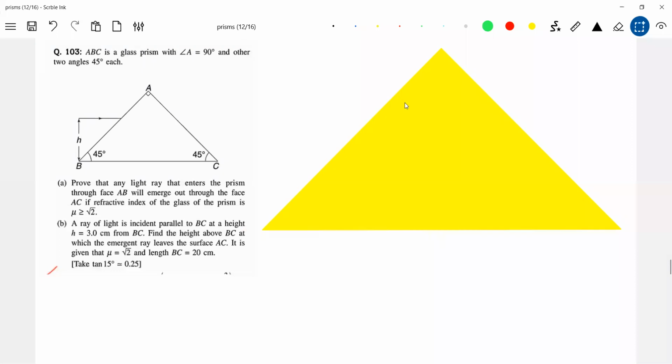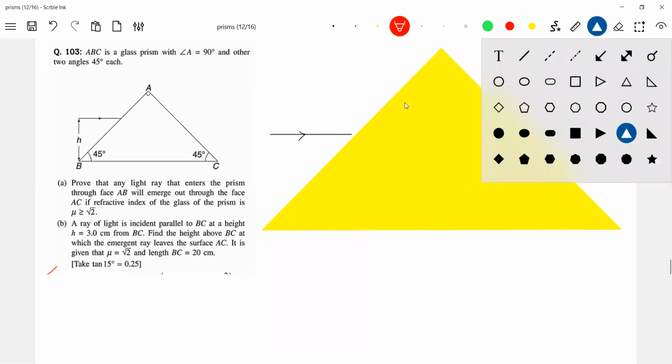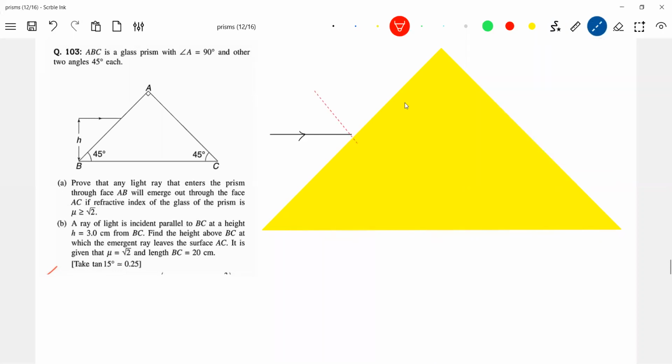We'll have this one. So the ray is incident. After this, it will undergo refraction. Then again here. But such things are not given. How to justify whether we are right or wrong?